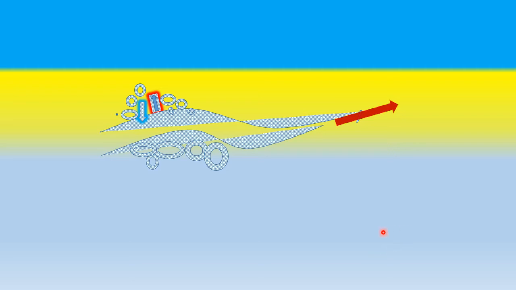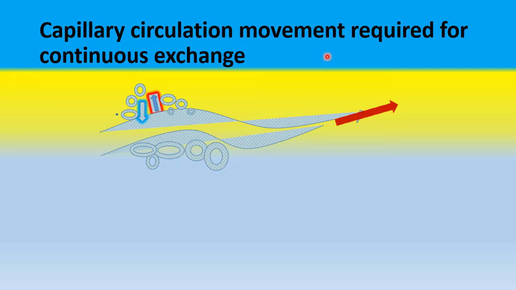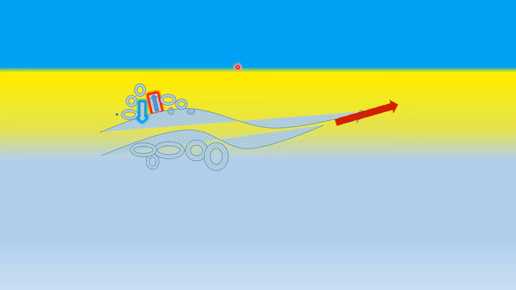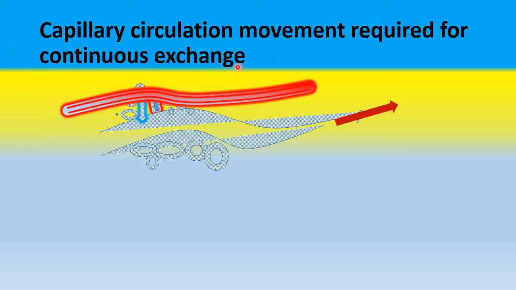Now in this slide, I will tell you the importance of capillary circulation. The first thing is that energy is consumed for the exchange of ions and electrolytes. Capillary circulation movement is required for continuous exchange. This is important, so circulatory movement is required.